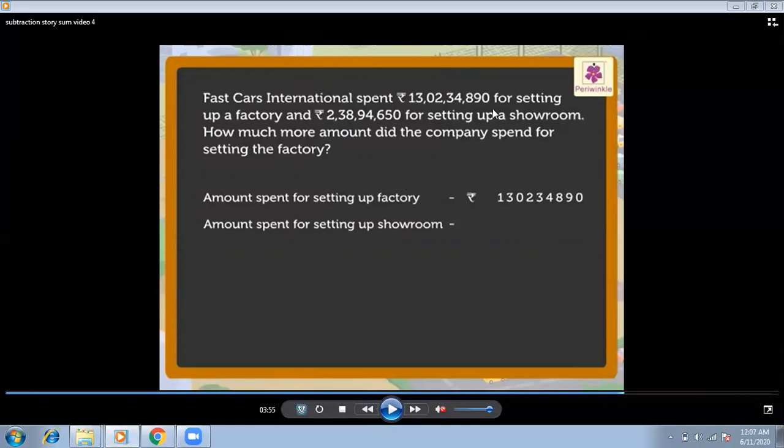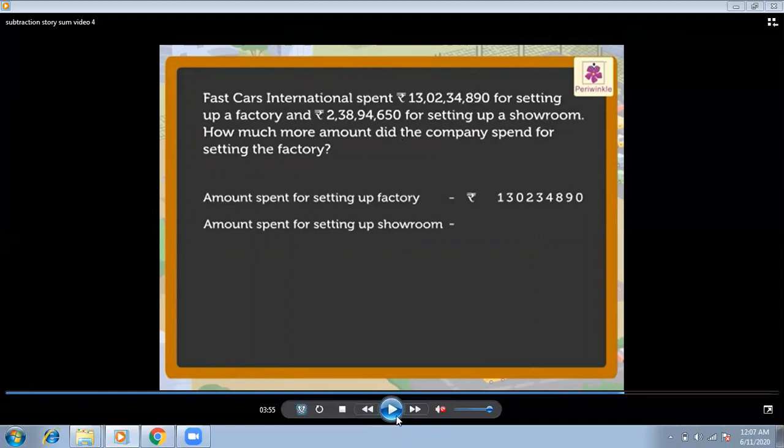So this much amount they spent for setting up a factory and this much amount for setting up a showroom. Now you have to find out how much more amount the company spent for setting the factory. It's already clear that more amount is used for the factory, but how much more you have to find out.